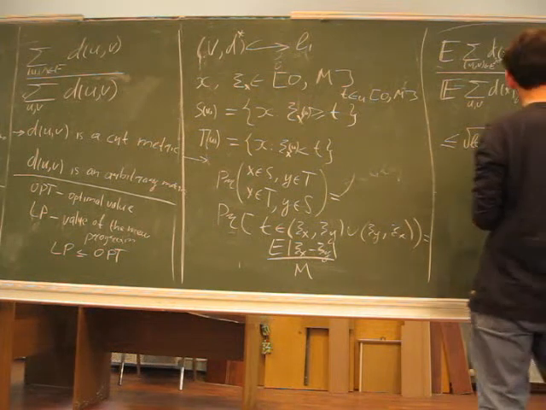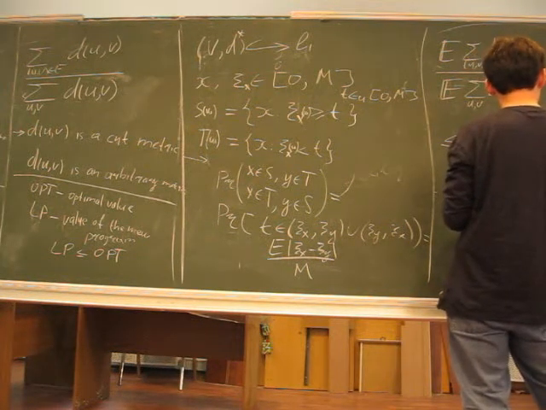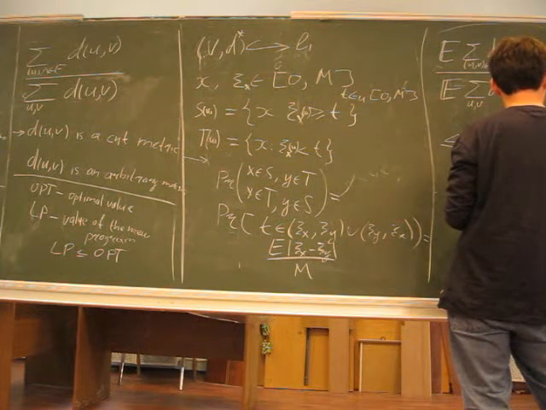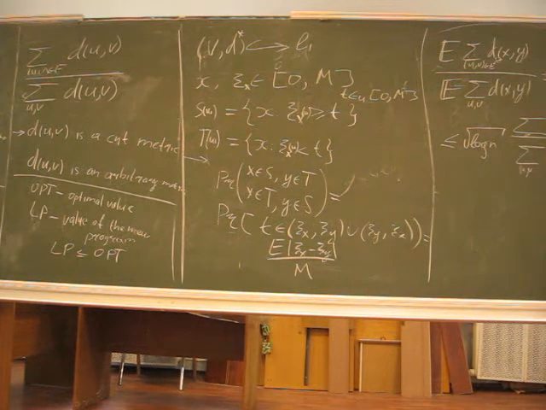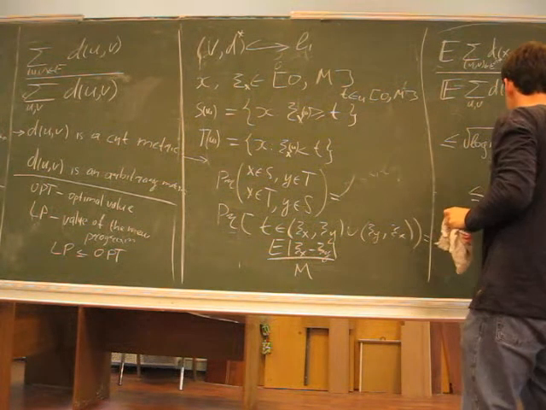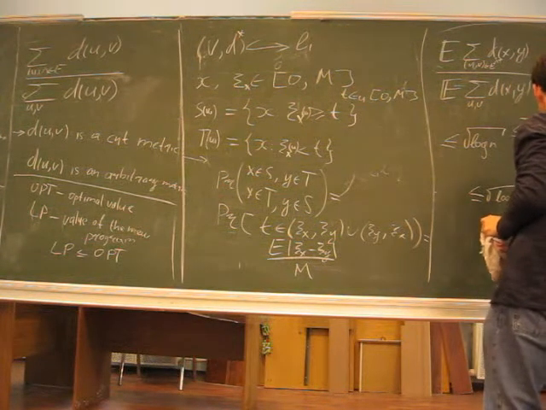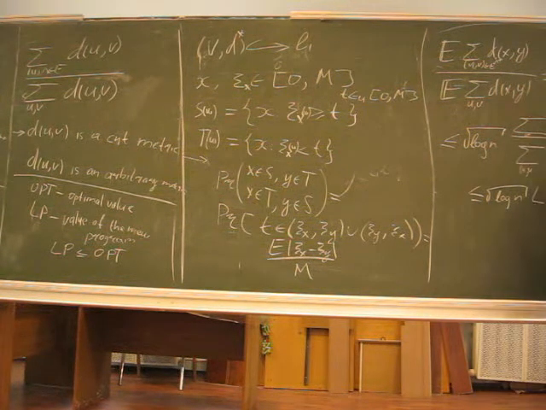Here we sum over all edges, and here over all pairs. And this is equal to LP, the value of the linear program, and this is at most, okay, get the square root program factor. So we get square root program approximation.